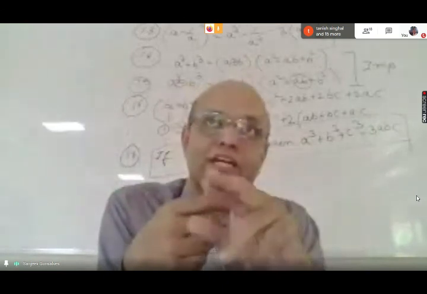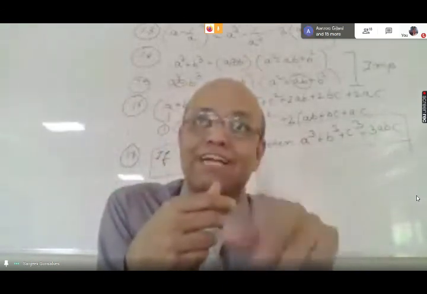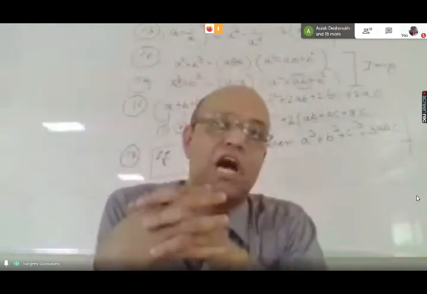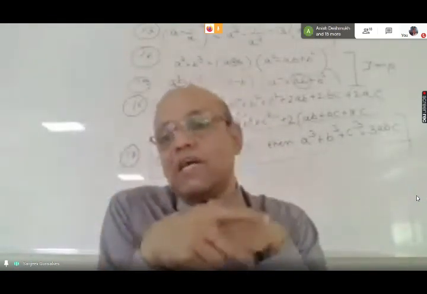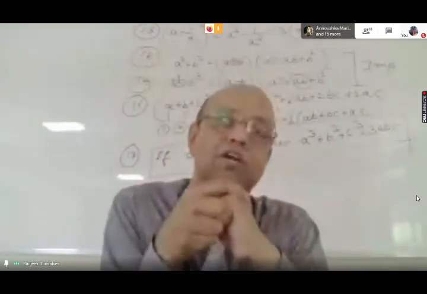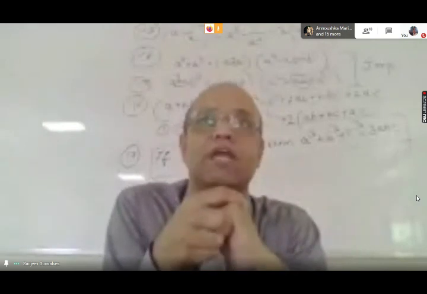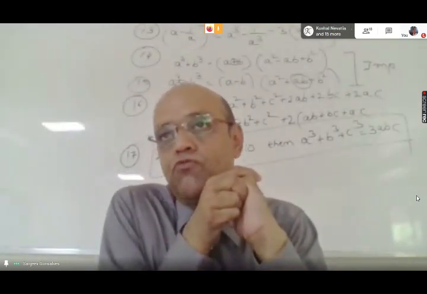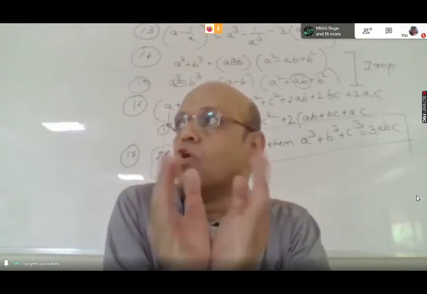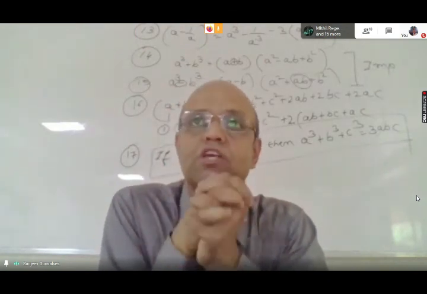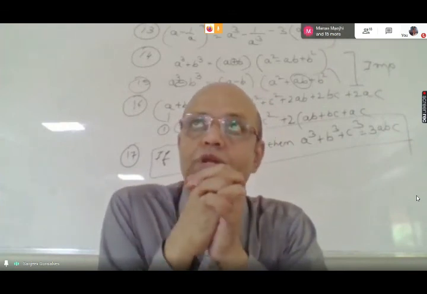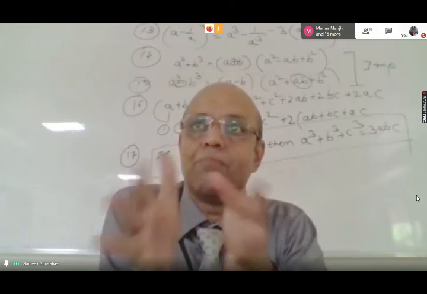I'm telling you again and again, until and unless you learn these formulas by heart, you'll find this chapter very difficult. So if you want to find the chapter very easy, the only way is to learn these formulas by heart. As I told you, by this afternoon I will upload the exercise.